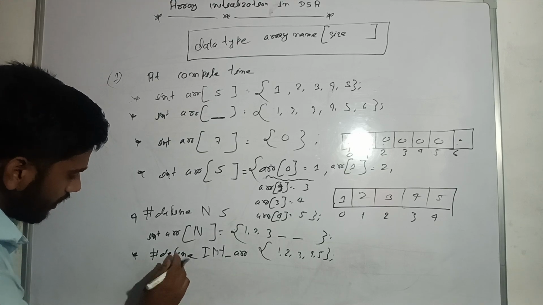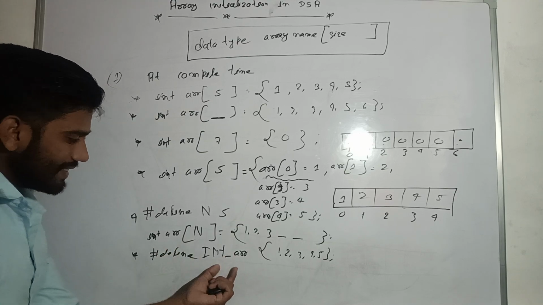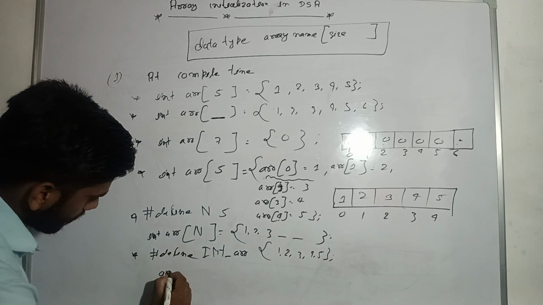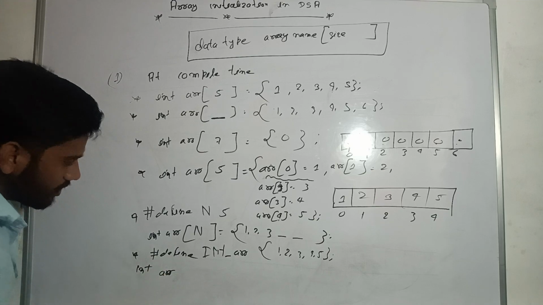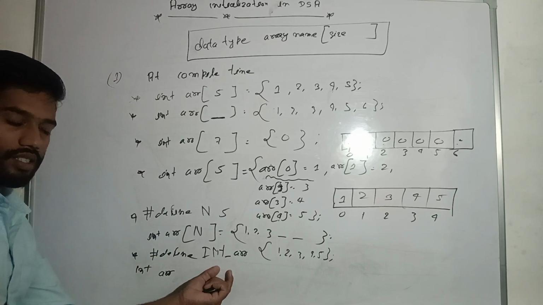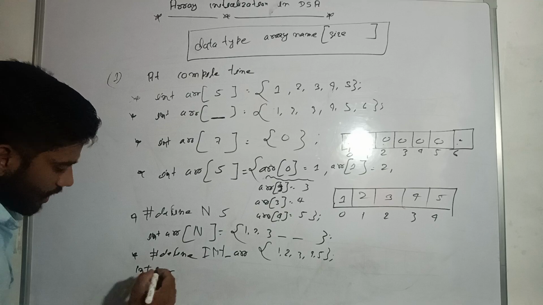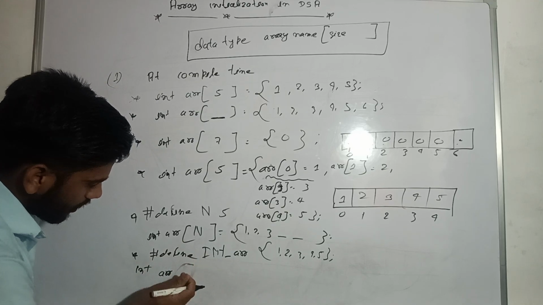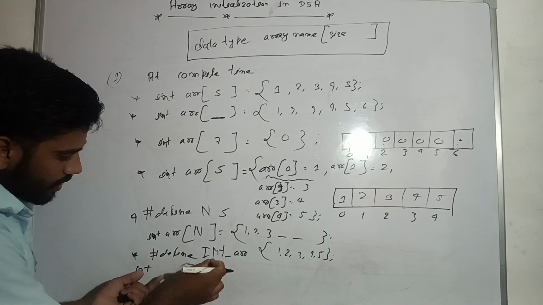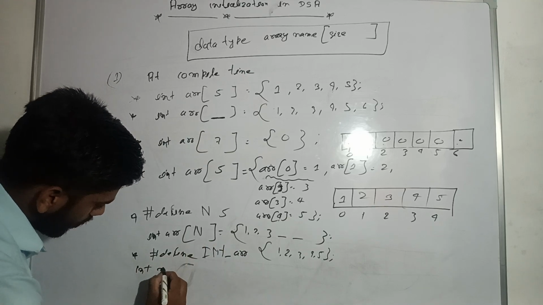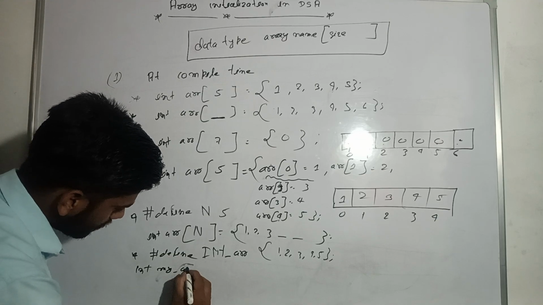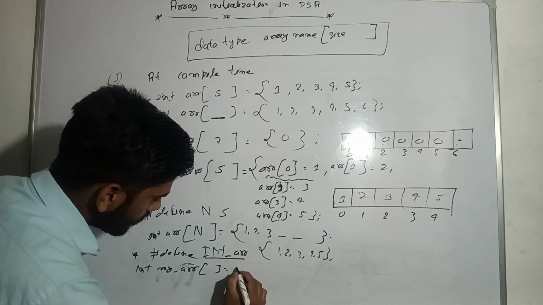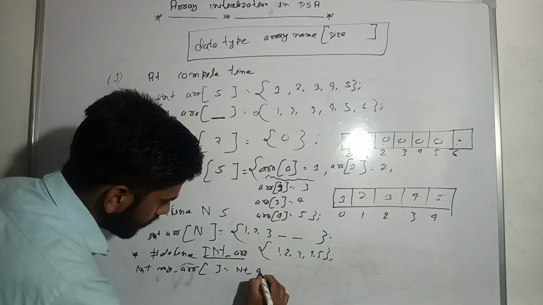Here the #define and the int array have been declared. This array type is integer type, and this is the array name. Here I will use my array, and directly we will see the int array.